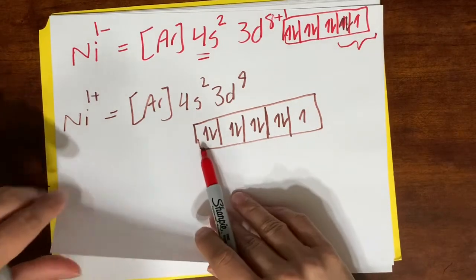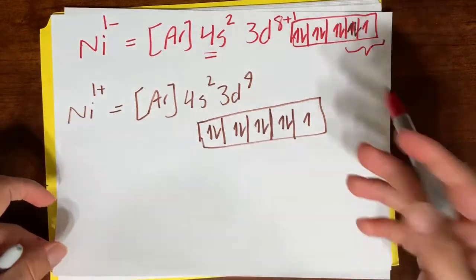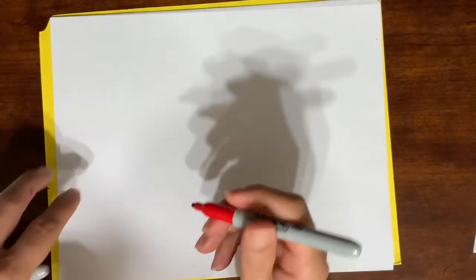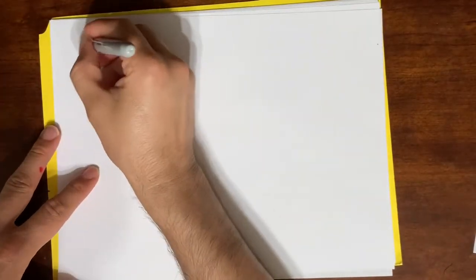Okay, so now that I know how to add or subtract electrons from a transition metal, I want to talk about two facts: paramagnetic versus diamagnetic.